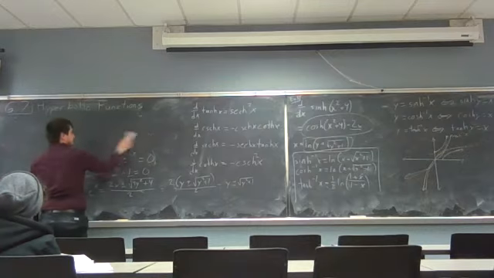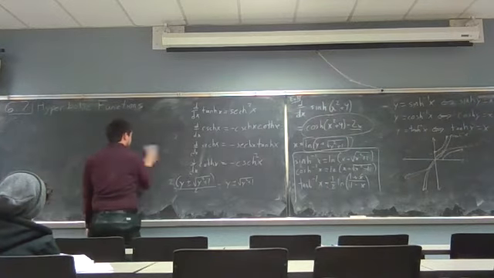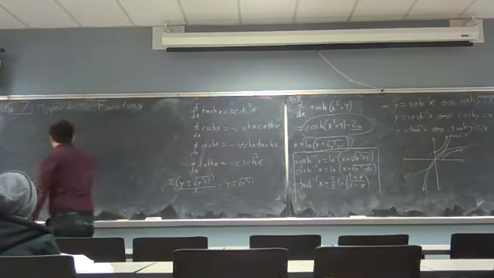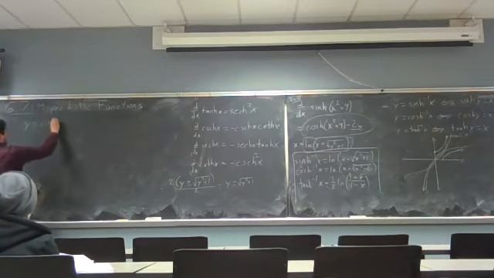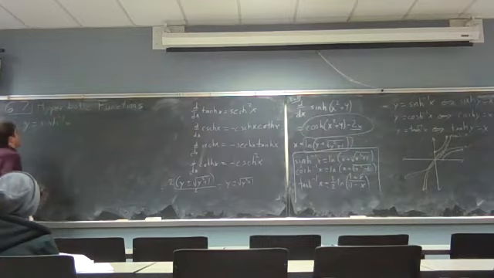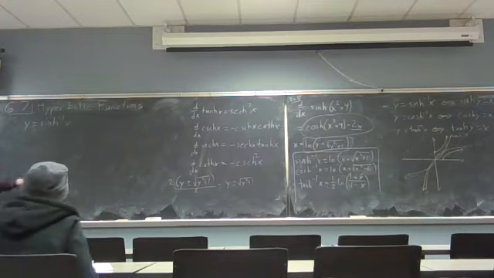I should have left it up there. So I'm going to need... Let's find the derivative of these inverse functions, right? So if I want to find the derivative of this, just like we do with the inverse functions, what do you think I should do first?